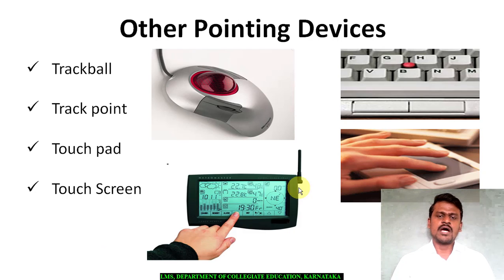Next we will move on to the other pointing devices. First one is a trackball, second one is track point, third one is touchpad, fourth one is touch screen. First one is a trackball.